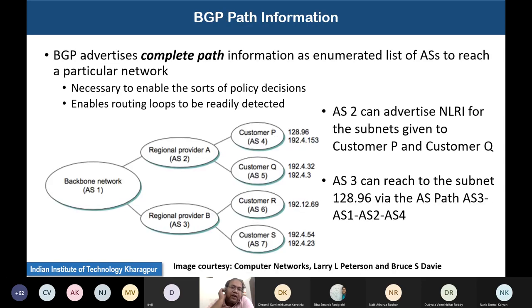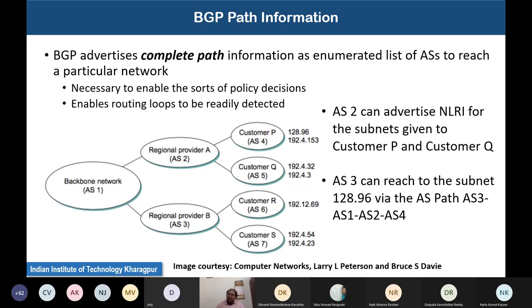Now let us see what BGP path information looks like. BGP advertises the complete path information as an enumerated list of autonomous systems to reach a particular network, and here it differs from our typical CIDR routing table. In a CIDR routing table, if you remember, what we store is the next hop information.